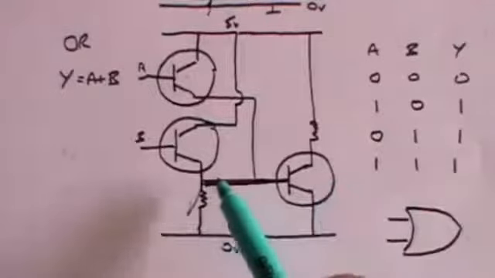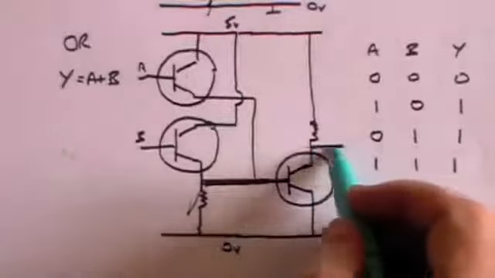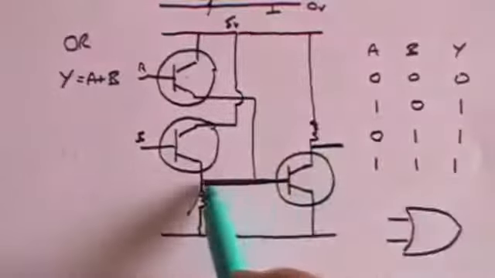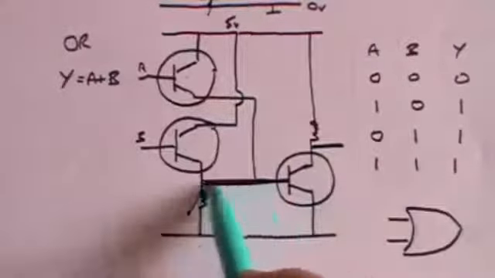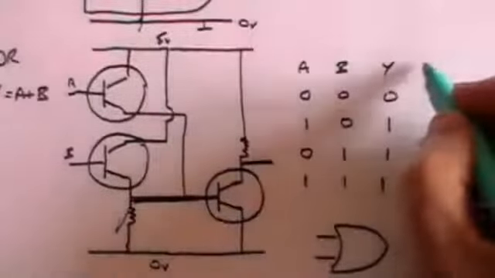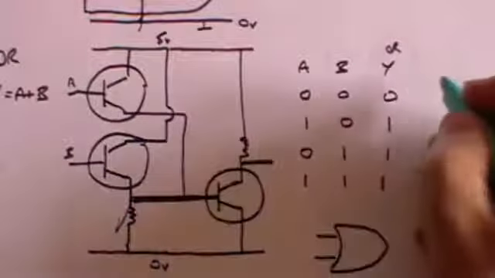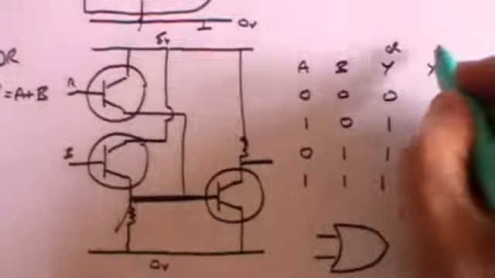So in other words, whatever the output from the OR gate is, the output from the NOT gate will be the opposite. So let's now look at our truth table, and we can see that this is the output from an OR gate. But now let's look at the output from a NOR gate.